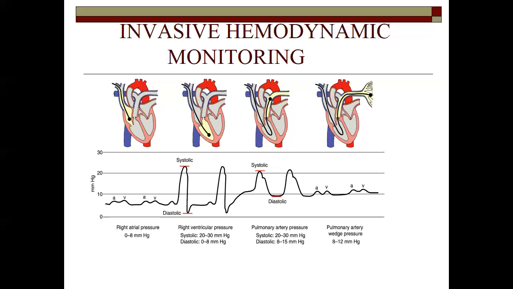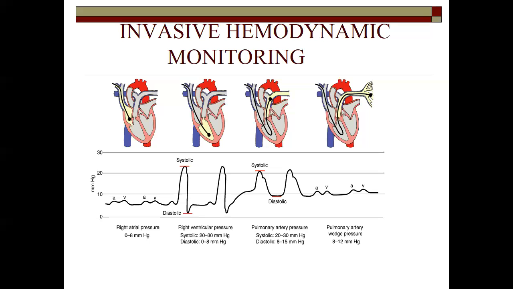We will transport patients with a pulmonary artery catheter in place. It stays in place in the pulmonary artery, and if it dislodged, usually it will come back into the right ventricle. That's where you'll see the changes from this waveform to this waveform. That's where we have to do something.